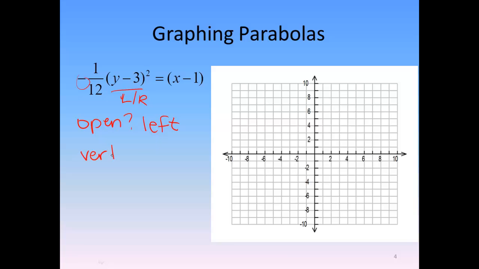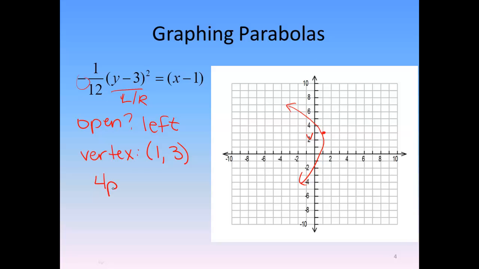The vertex is at the hk, and it's going to be at 1, 3. 1 from the x coordinate, 3 from the y coordinate. So 1, 1, 2, 3. There's my vertex. This will open left, so it's going to do something like this, and we will get a more accurate graph in class.